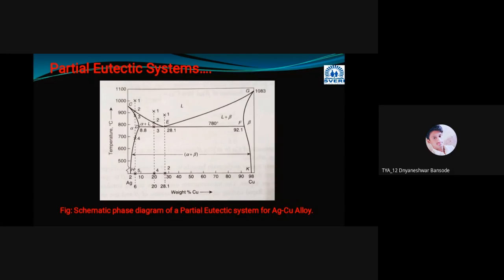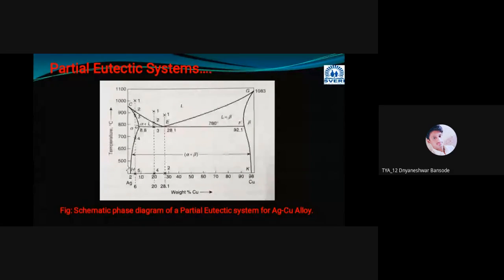The remaining procedure and microstructural changes will be the same. Instead of alpha solid solution, you have to consider beta solid solution, and instead of beta solid solution, you have to consider alpha solid solution. Okay, then I will explain these three curves, and the remaining two curves you can draw on your own by replacing alpha by beta and beta by alpha.